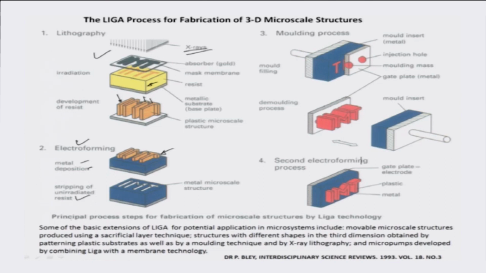Okay, when this gets removed, then you can actually have these IMT structures or features coming out in this demolding process, and then you can do a secondary electroforming process also to make plastic or metal sheets out of it. So that's why it's called galvanoforming, upforming.